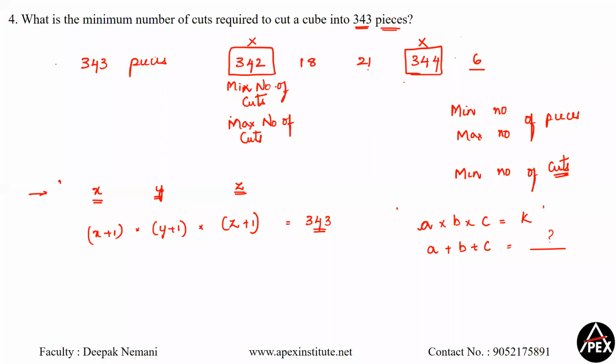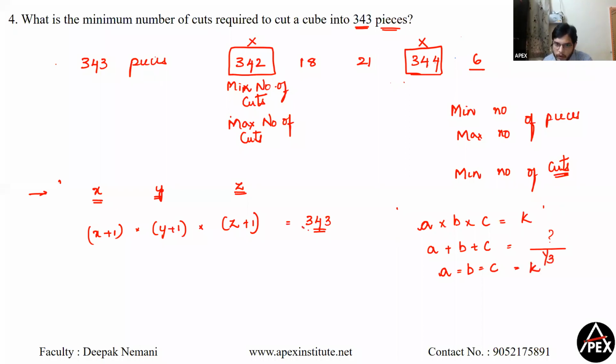Perfect. When a, b, c are the same, when a is equal to b is equal to c, which is equal to the cube root of k. Yes, this is the cube root of k.